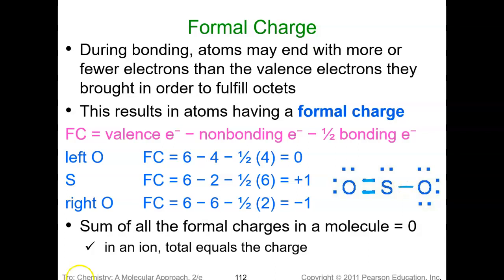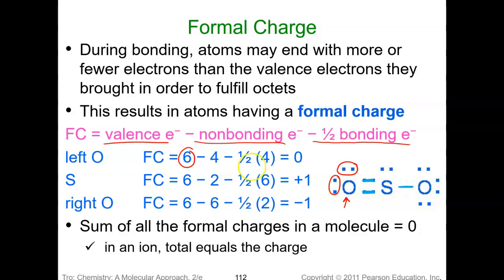So how we do the formal charges is you take the valence electrons minus the non-bonding electrons minus half the bonding electrons. Oxygen has 6 valence electrons because we got that from the periodic table. It has 1, 2, 3, 4 non-bonding electrons, or 2 lone pairs.